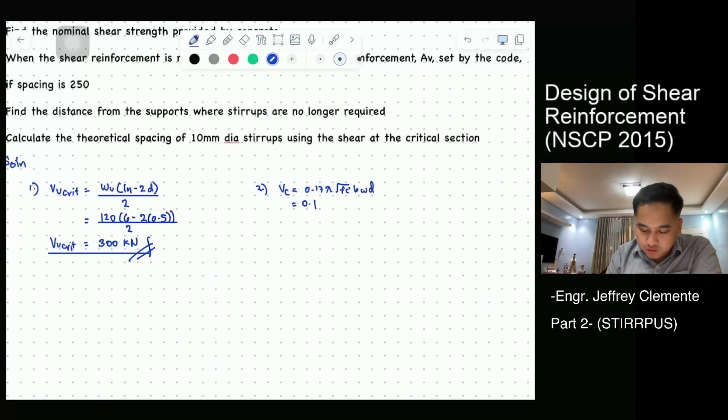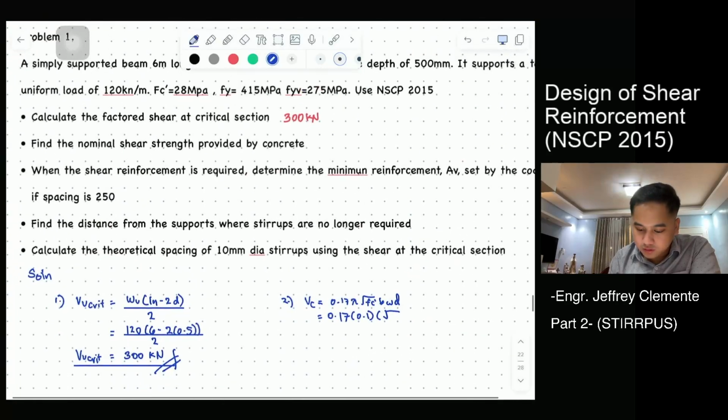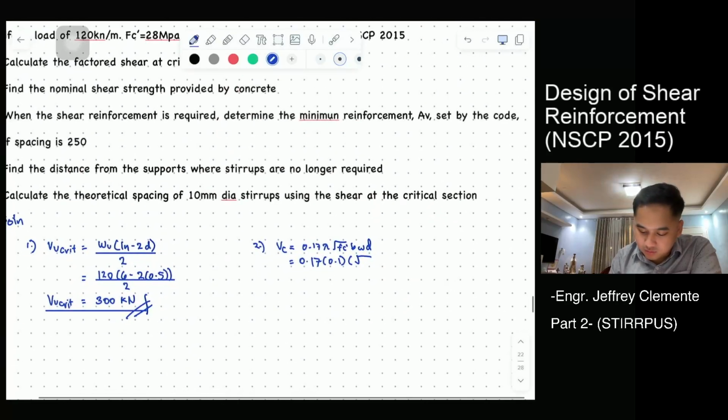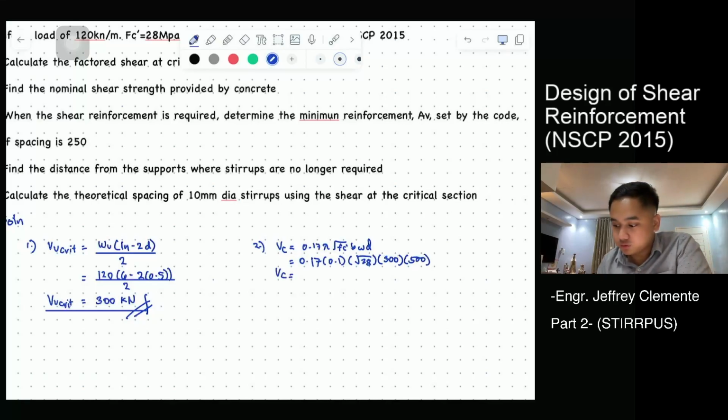So 0.17. Ang lambda natin, di sinabi, so this is just normal. Ang f'c natin is what? Sabi sa f'c, 28. bw is 300. Ang d is 500. Okay? So Vc is what? Solve. After solving, makakakuha ka ng 134.93. So that's the answer.